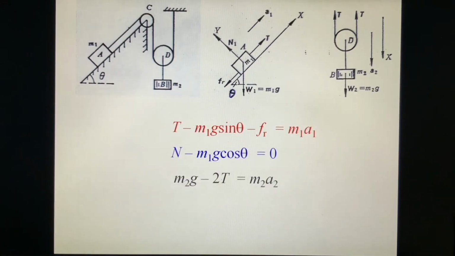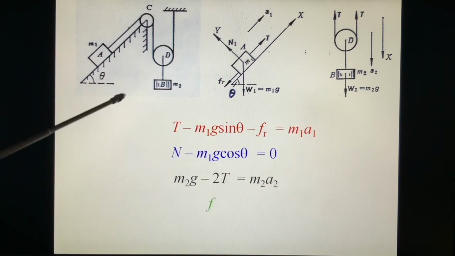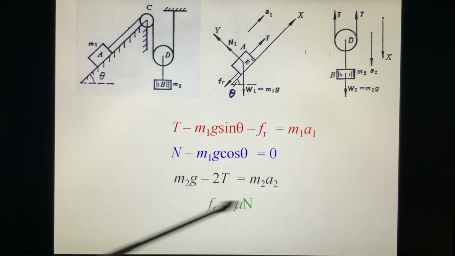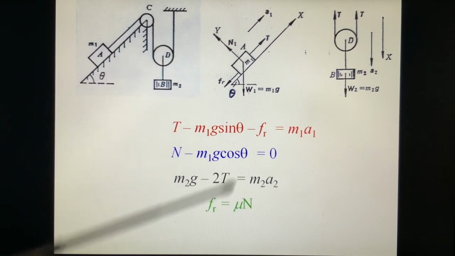Now here you have to notice A2 and A1 are different. When A goes up 1 meter, this has to split into 2, so B goes down only half a meter. So we have a relationship between A1 and A2: A1 is 2A2. And also the friction is mu N1.